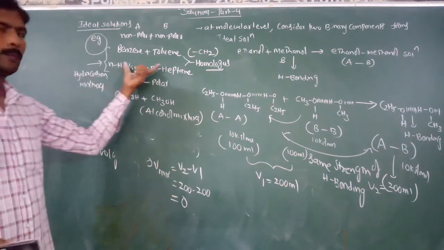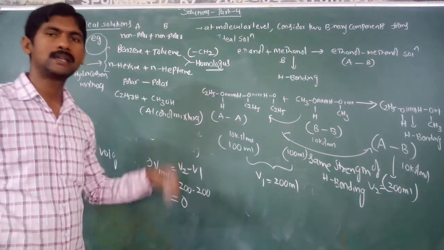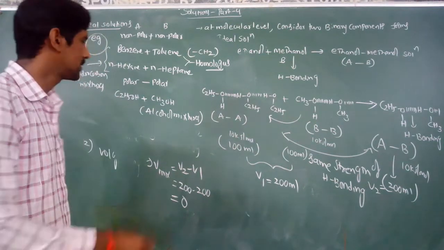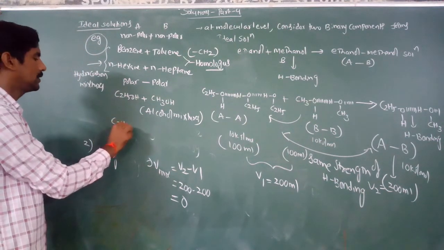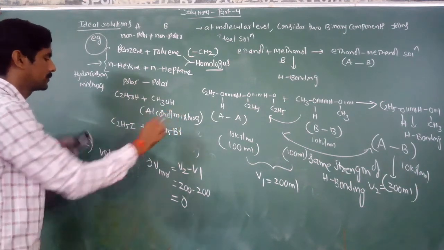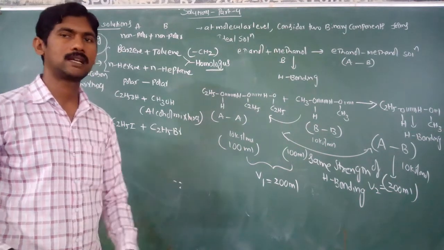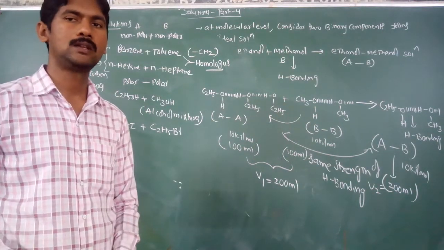So hydrocarbon mixtures can form ideal solutions, any alcohol mixtures can form ideal solutions, and alkyl halide mixtures, C2H5I plus C2H5Br. These alkyl halide mixtures can also form ideal solutions.